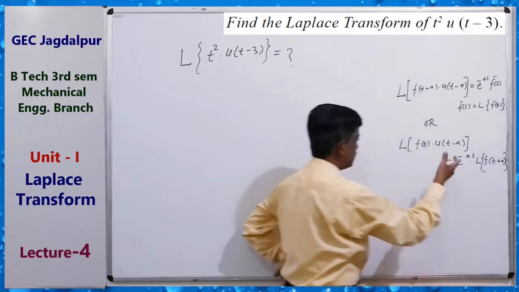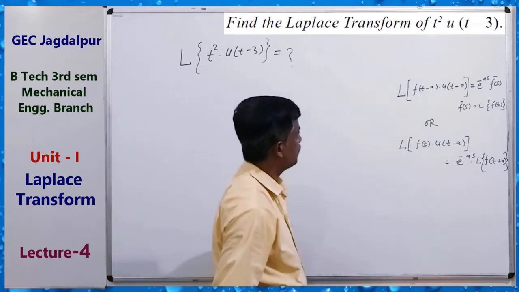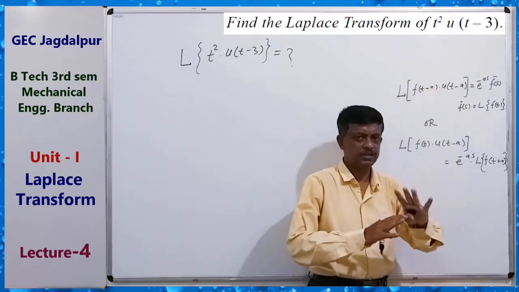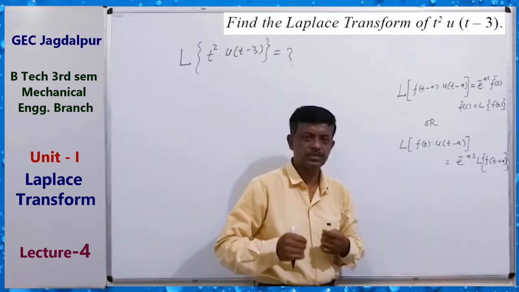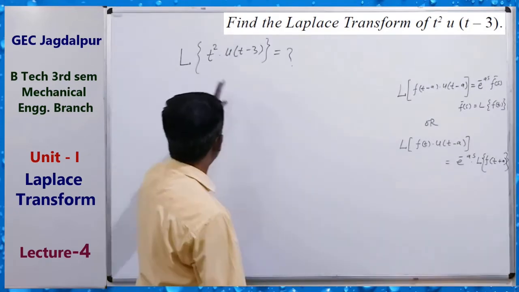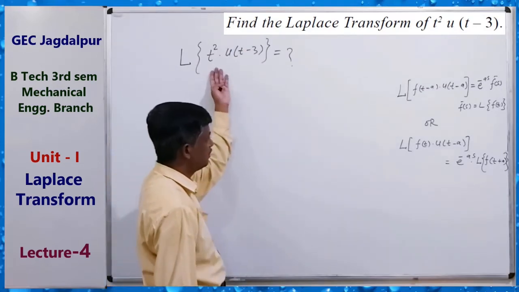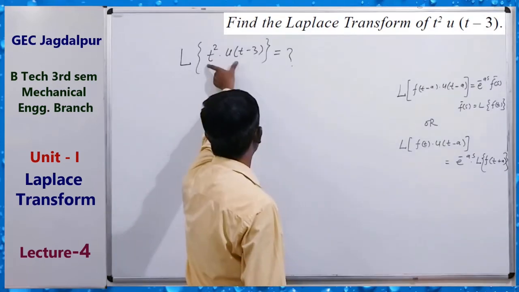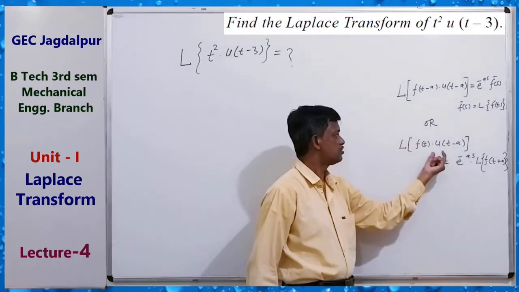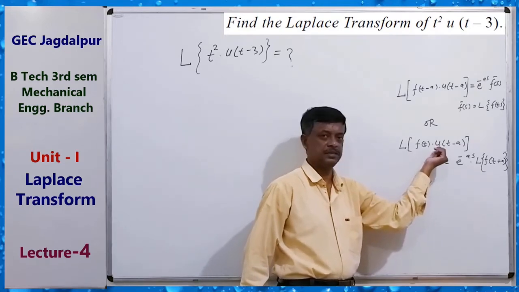I just discussed this formula, so we are using it. Remember, whenever a unit step function is multiplied to some function, you have to use either of these two formulas to find the Laplace transform. So here, t square u(t minus 3) can be found by converting the function in terms of this, or by converting it in terms of that.